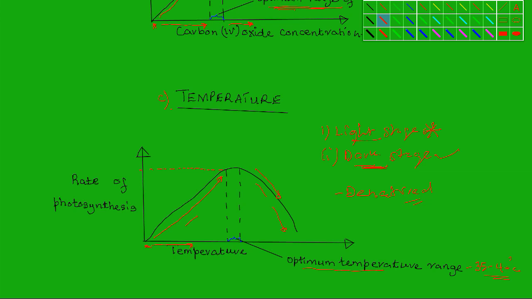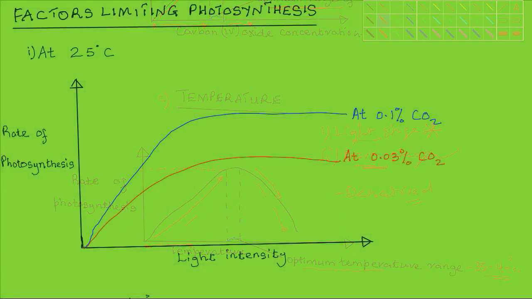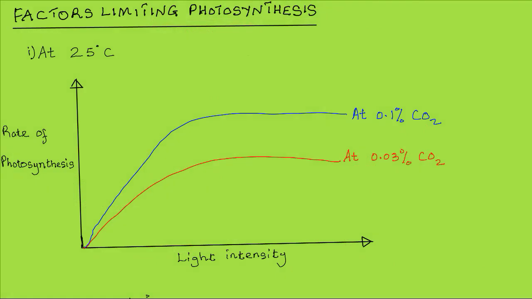Now, for example, if any of these factors is increasing at any one particular time, then the rate of photosynthesis will also increase until a certain point, then begin to level off.